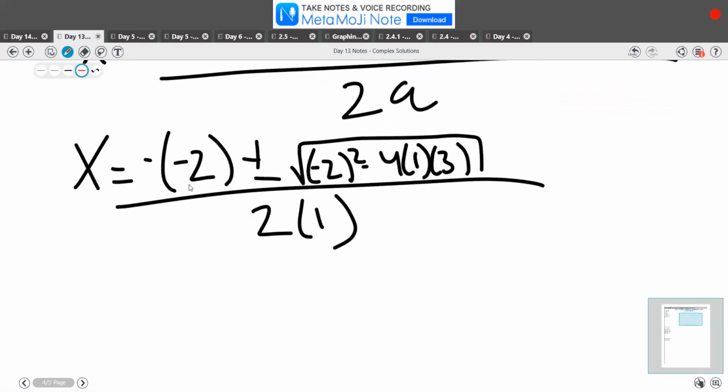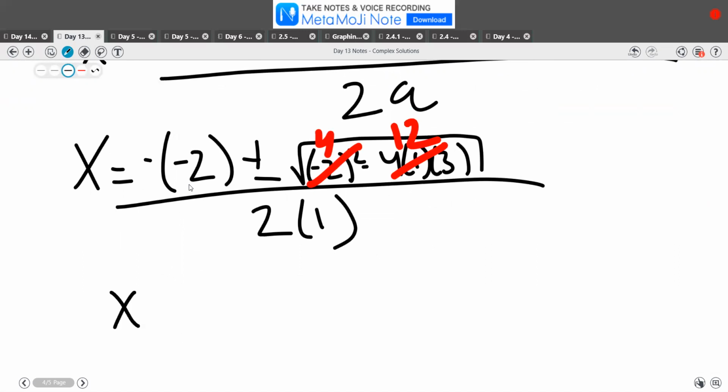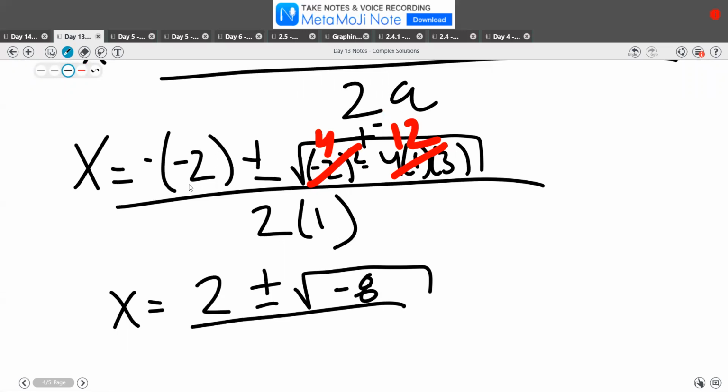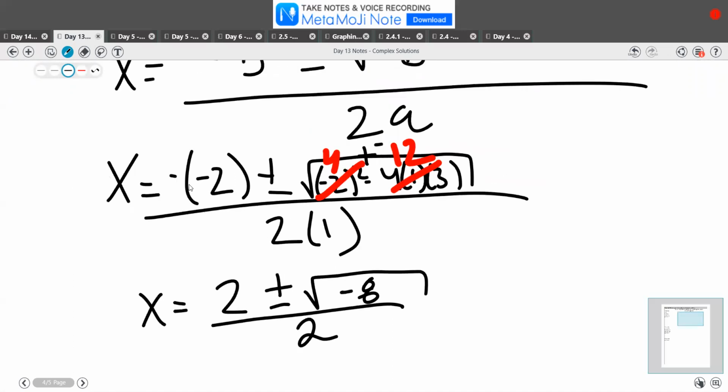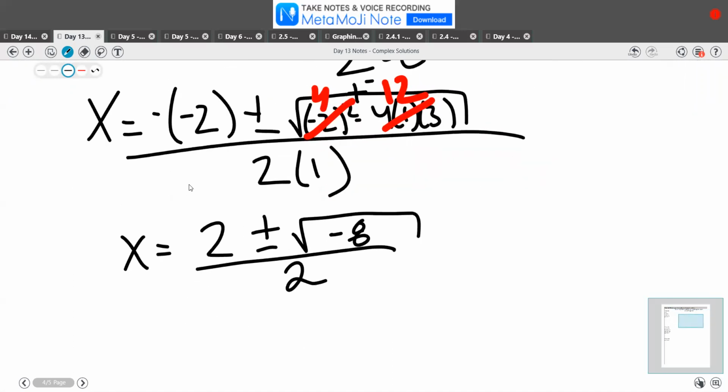Let's simplify this. A negative times a negative equals a positive. So that would be 2 plus or minus the square root of 4 minus 12, and 4 plus -12 would be -8, all over 2. All right. Those would be my solutions.